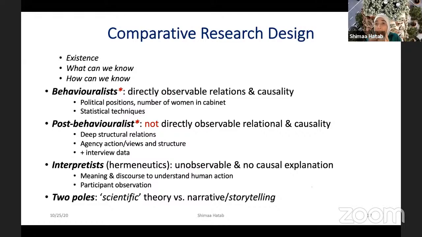Post-behavioralists are still behavioralist in essence, so they believe in causality, so you can come up with causal statements about X and Y, but not everything can be directly observed. So we need to diversify our tools in order to know these hidden structural properties or structural relations.